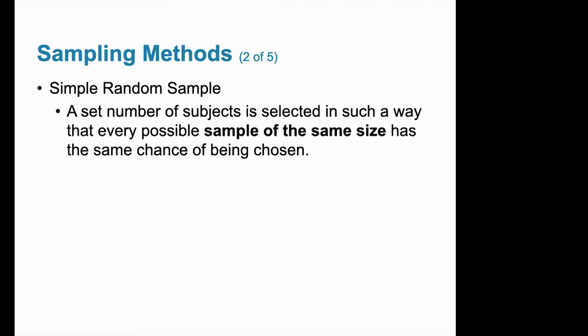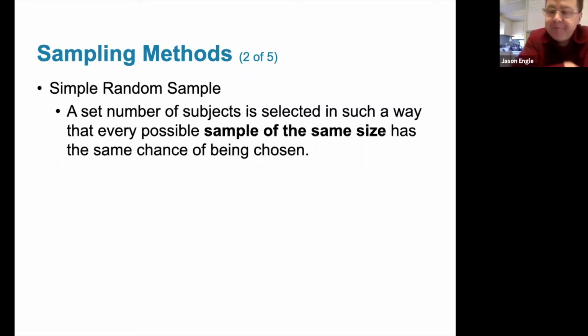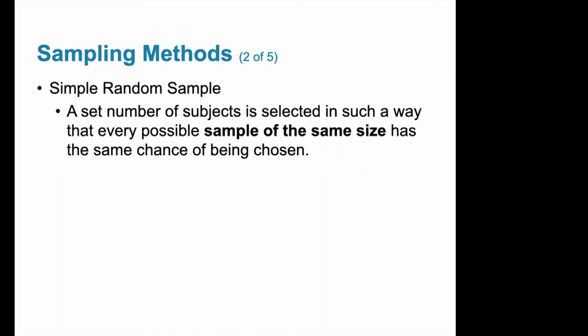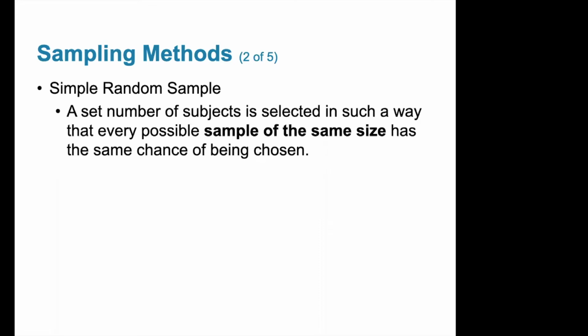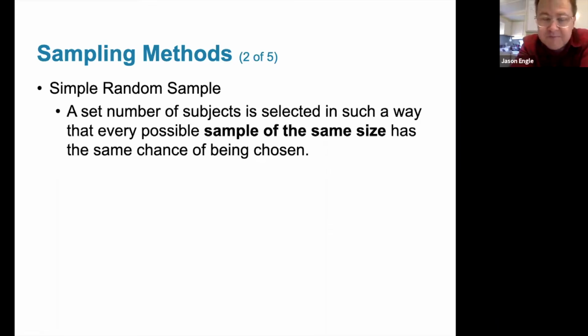I'm assuming because it's random numbers, you're leaving out a lot of other people. Some people might not even have a phone. True. If someone doesn't have a phone, then they have no chance at all of being chosen.